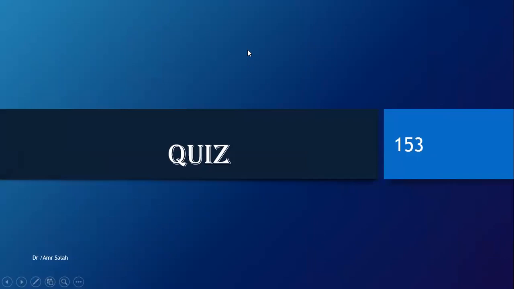Okay, so let's wrap them together. What are the signs of torsion? We have 6 non-specific signs and 3 specific signs. Let's cite them together.